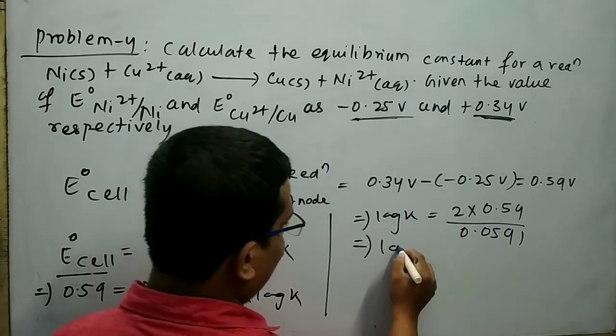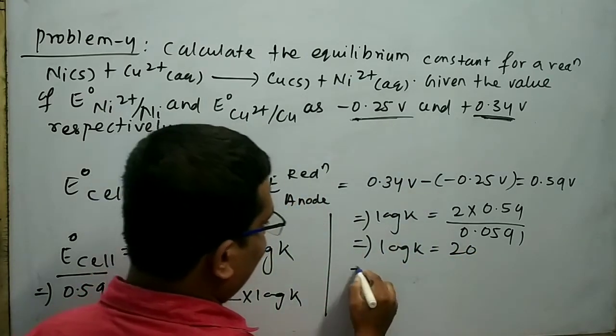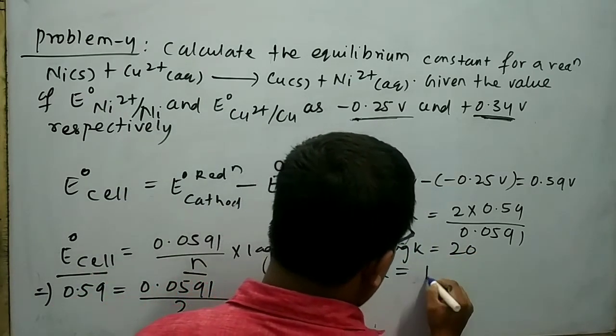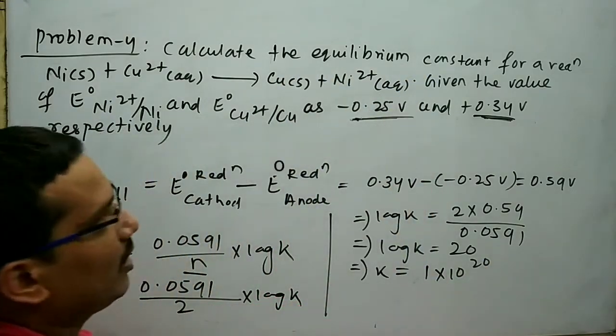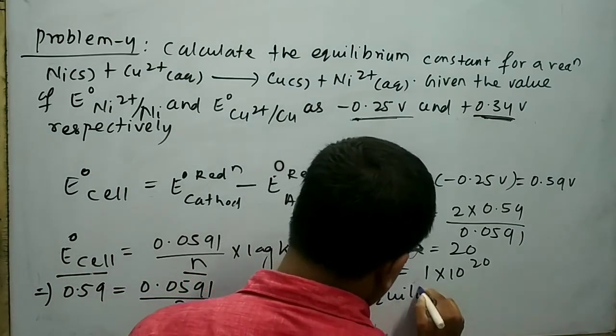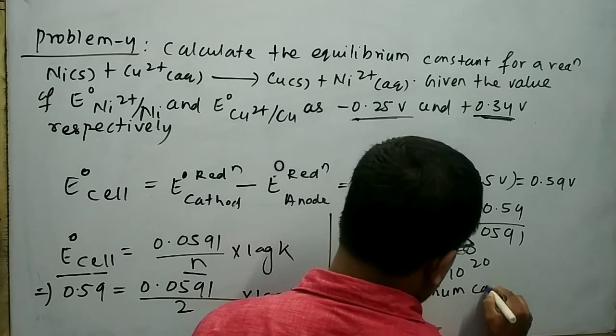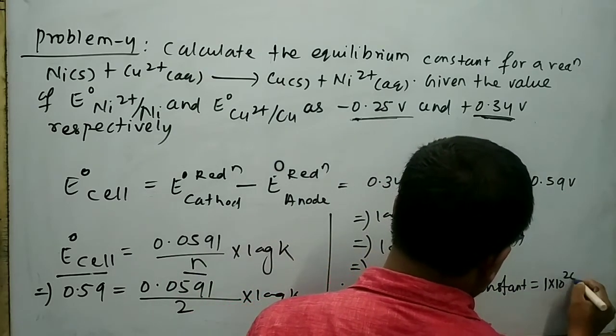That implies log k equal to 20. That implies k is equal to 1 into 10 to the power 20. Our question is to find out the equilibrium constant. So we can write equilibrium constant equal to 1 into 10 to the power 20.